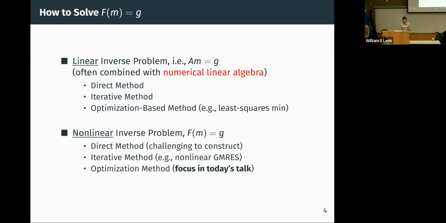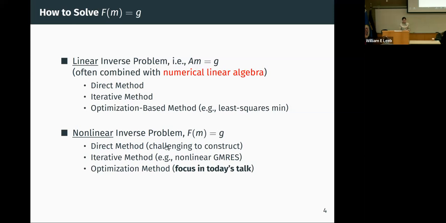When it is nonlinear, you also have very similar analogous methods. The first one is the direct method. But in a nonlinear inverse problem, you do not have this Am equal to something, so a lot of linear algebra techniques cannot be used directly, but they can be used after you linearize the nonlinear forward problem.